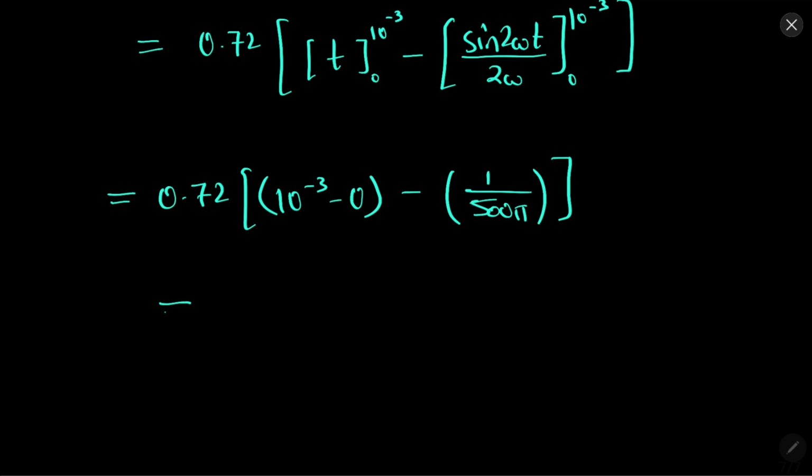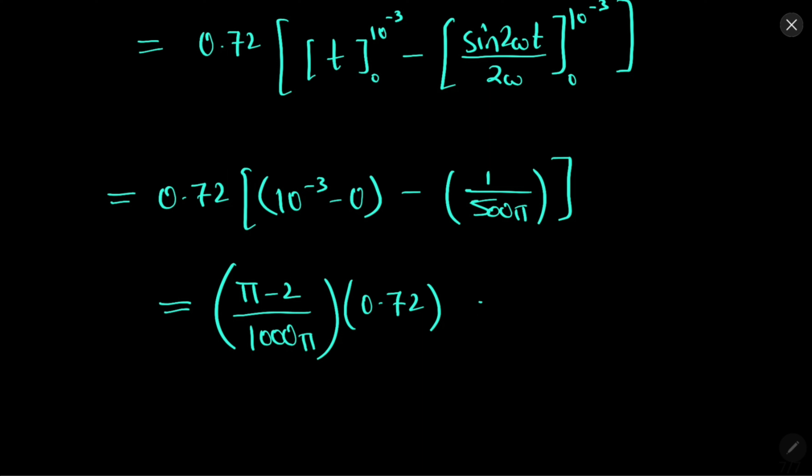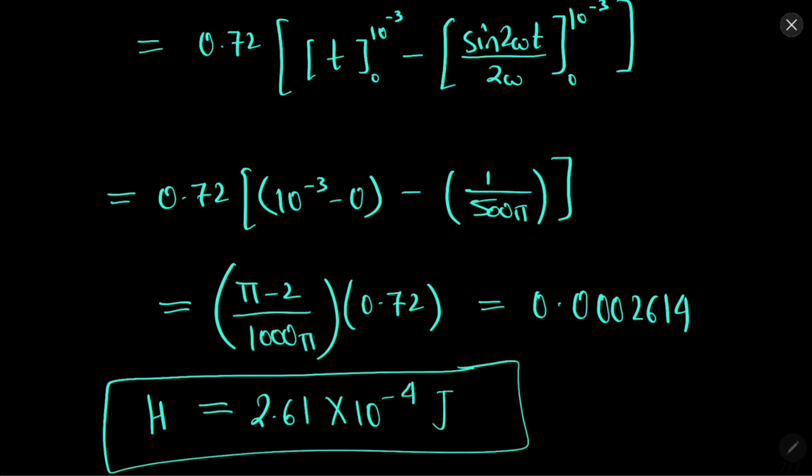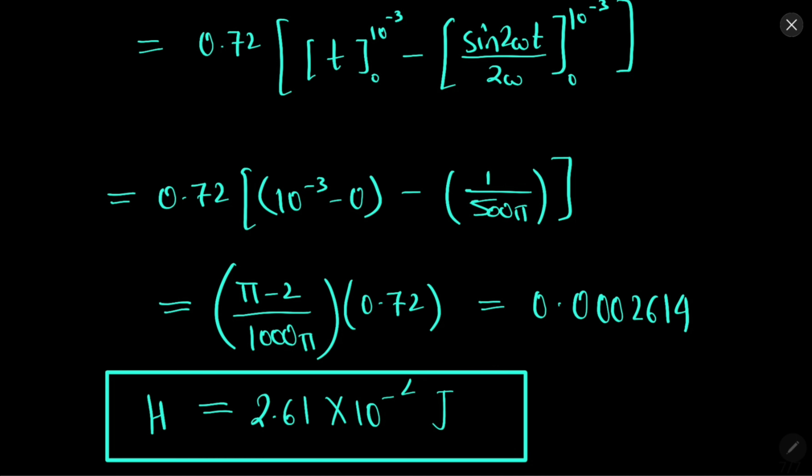So ultimately pi minus 2 over 1000 pi into 0.72. After simplification, 0.002614. So approximately heat will be equal to 2.61 into 10 to the power minus 4 joules. This much heat will be there.